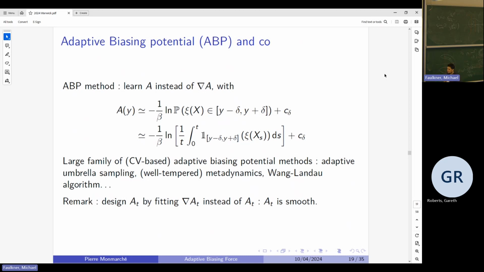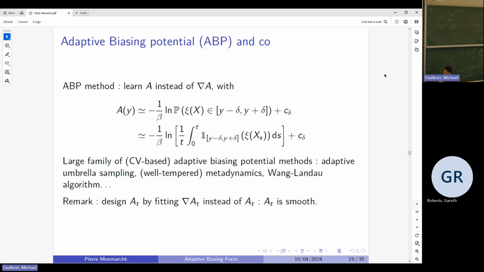Because metadynamics is a strong bias, so it goes fast. It's better to escape from a local well, but it's not good for long-time convergence. So you start by escaping with metadynamics, and then you go with ABF, which is more accurate. At least that was what I understood from our discussions.